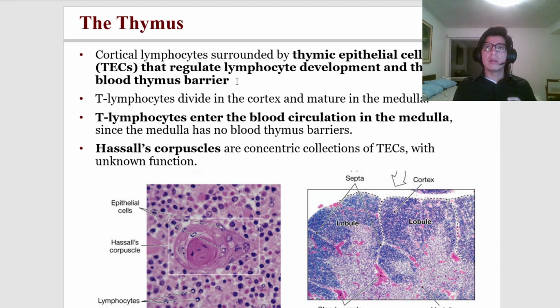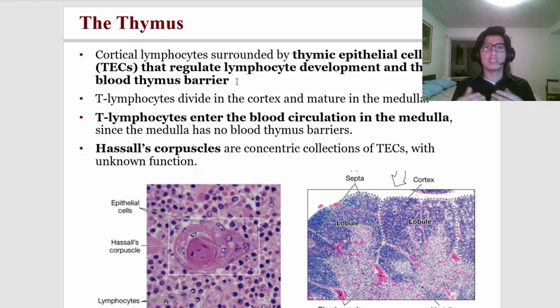The way these barriers work is basically there are cells that completely wrap around blood vessels and don't allow substances from the blood vessels to freely migrate into this particular tissue. So they create this barrier. The purpose of this barrier in this case is for the T lymphocytes to completely mature.